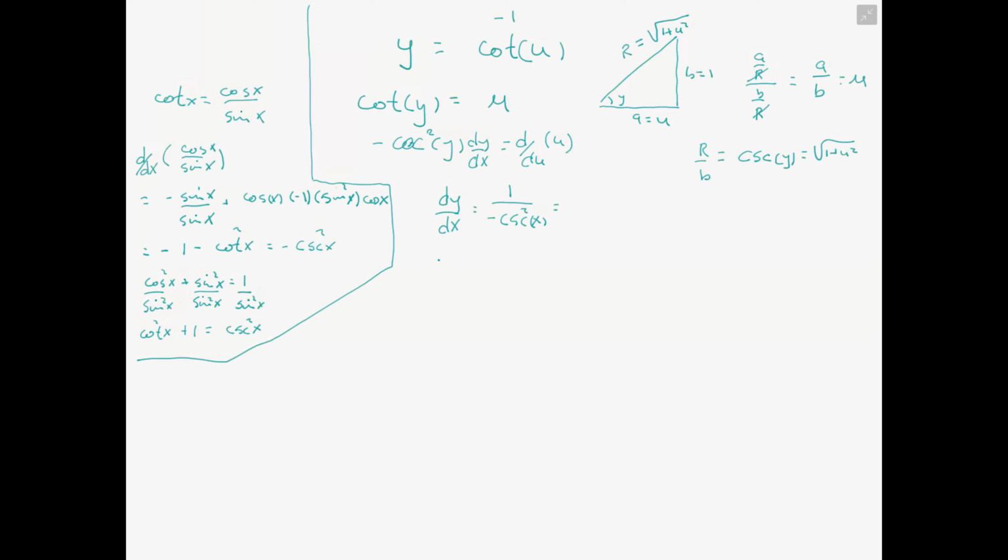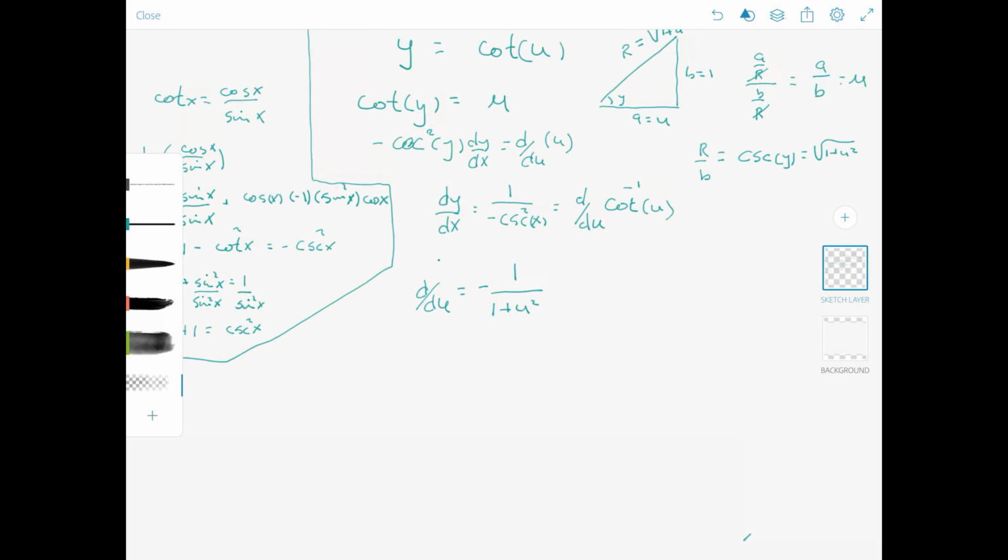So we have dy dx equals d du of arccotangent of u. So we have d du equals minus 1 over the cosecant squared, so that's 1 over 1 plus u squared.